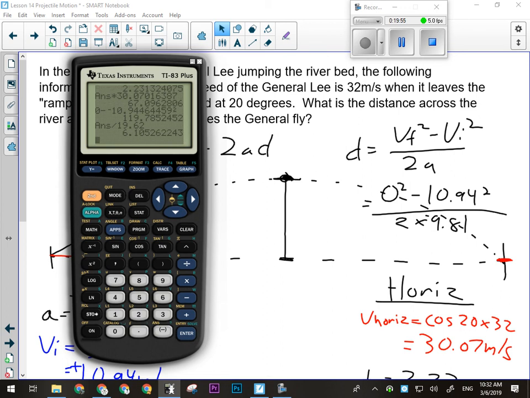When I do that, I find that the maximum height of the general E is 6.1 meters.